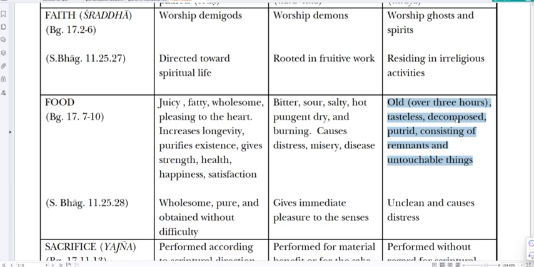Decomposed. We talked about wine, but that is fermentation. But what is that thing that gets decomposed immediately? Non-veg food, flesh of the animal. The moment it is killed, it starts decomposing. The body starts decomposing. Yes or no?